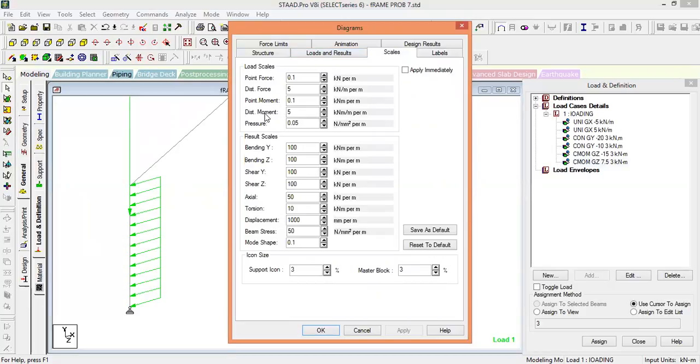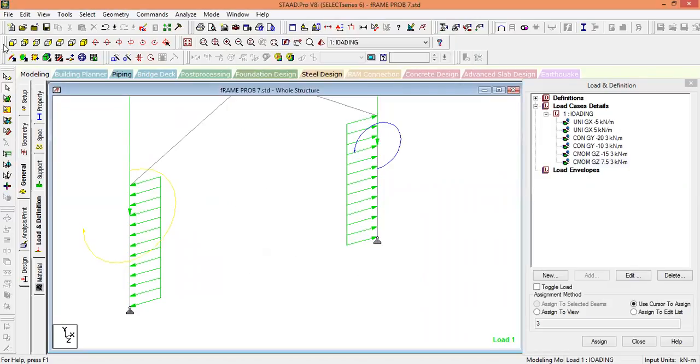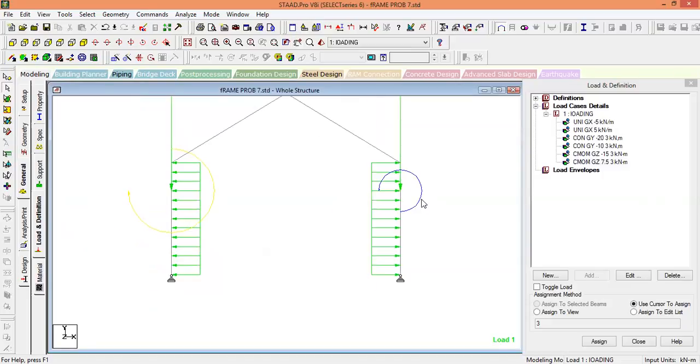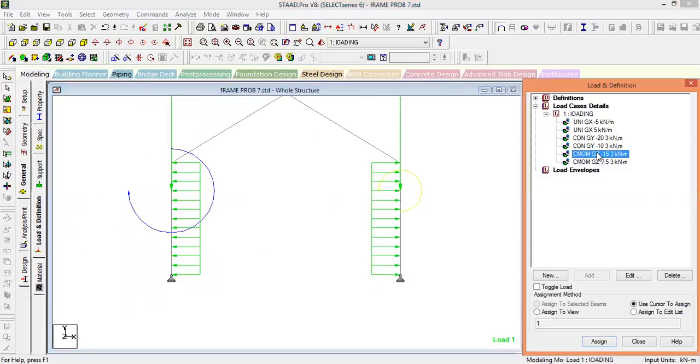We shall increase the scale of the point moment. Maybe if we give 0.01 and apply. I think it has increased. I will give it as 10. Now you can see. I have changed the scale of the moment.